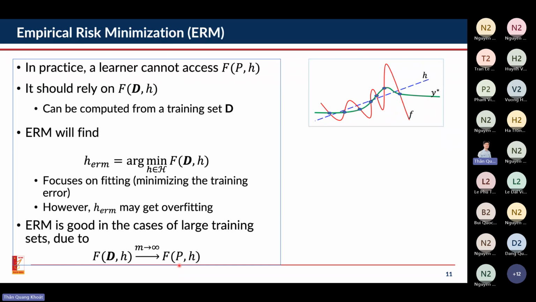So this method is good. But in practice, in many cases, our data set is very small or just average, for example, right? So this approach may not work, and we may easily get an overfitting model.